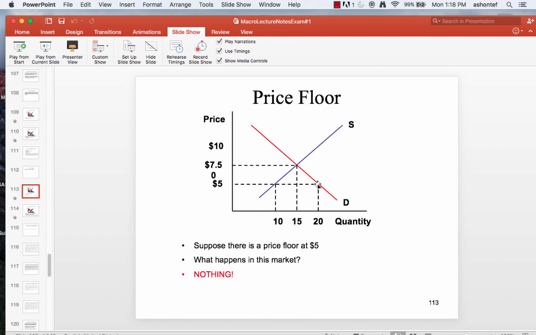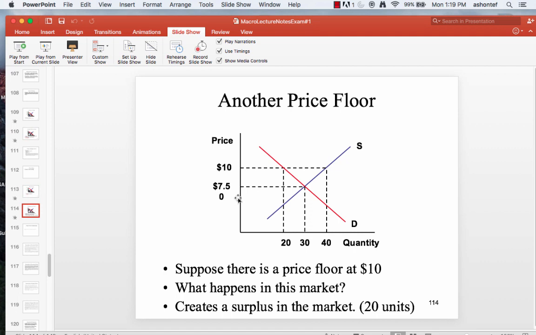As price goes up, we move along the supply curve and along the demand curve, back to the equilibrium of $7.50 and an equilibrium quantity of 15. So in this case, this would not be a binding price floor because it's not causing problems in the economy. Okay, this picture is an example of a binding price floor, because again, the price can't go below a certain amount.